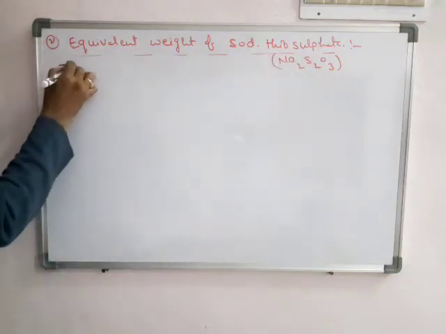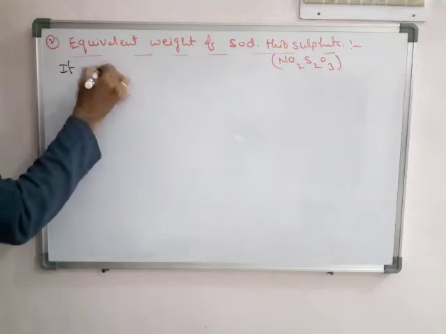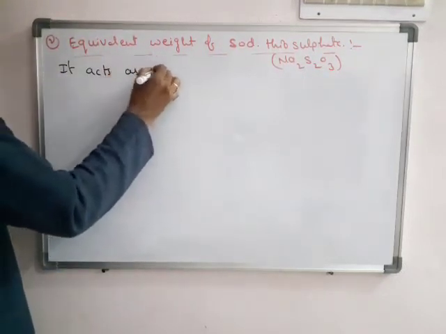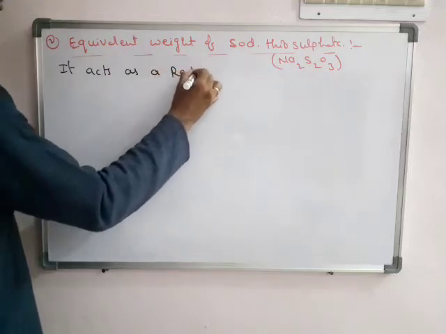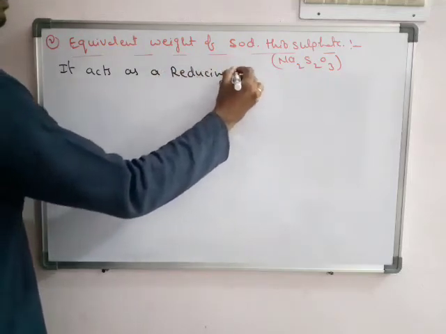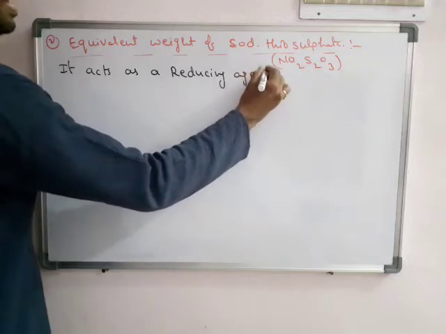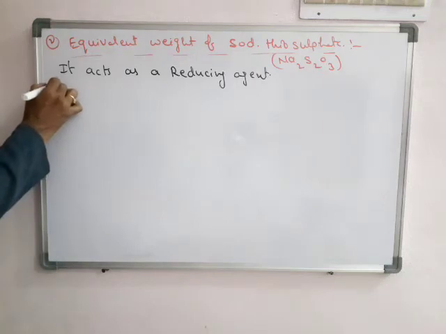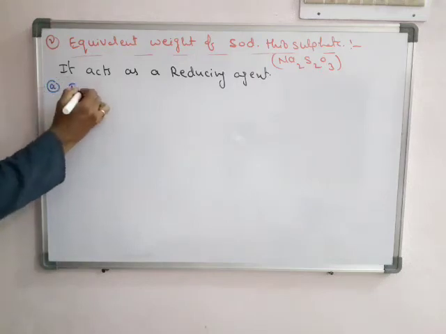First we write that it acts as a reducing agent. Again, it is observed that there are different choices for it. In acidic medium, basic medium, neutral medium, it shows different changes. First we see acidic medium.